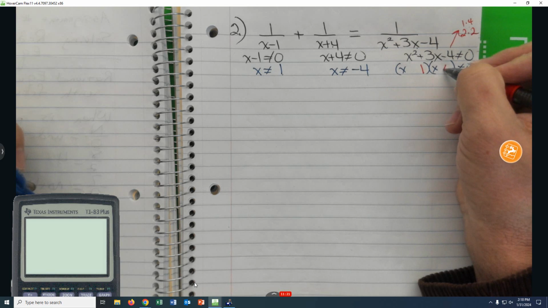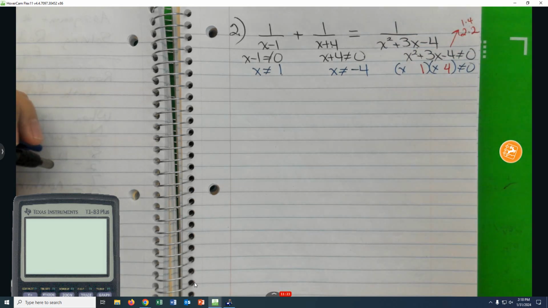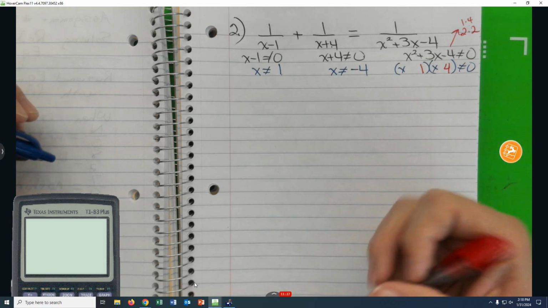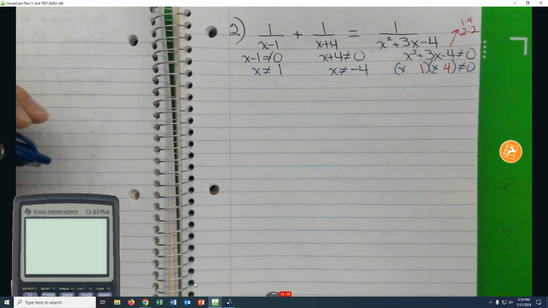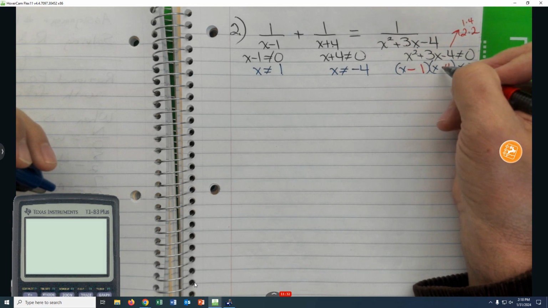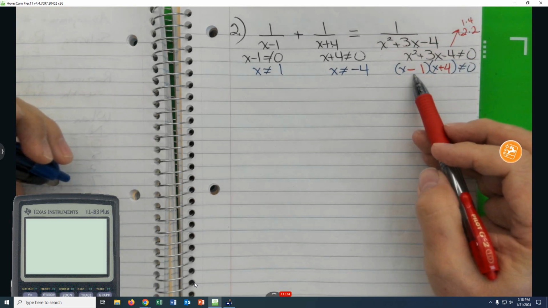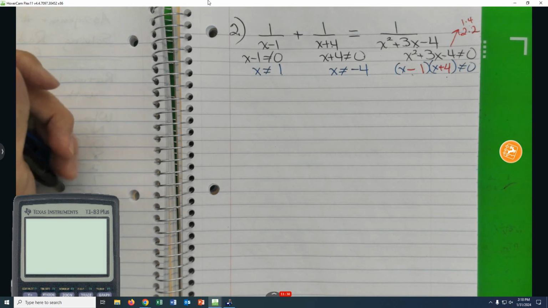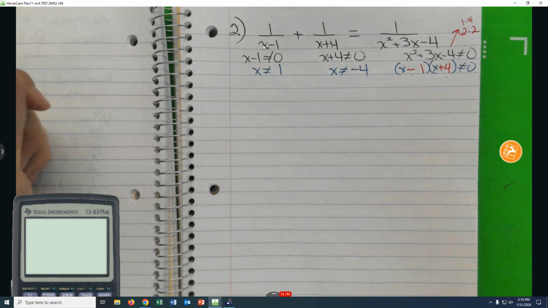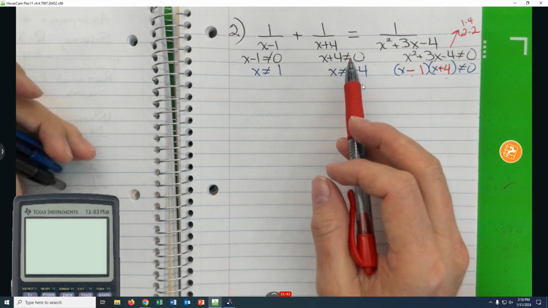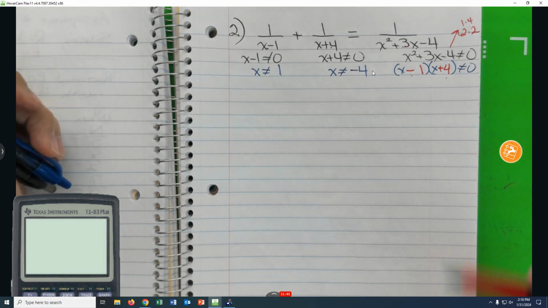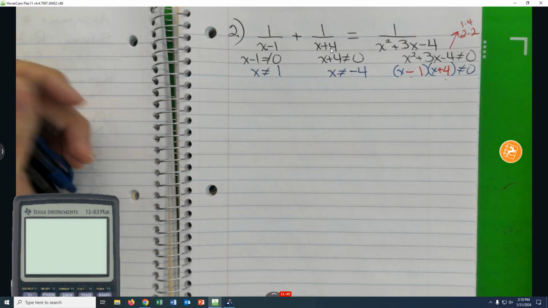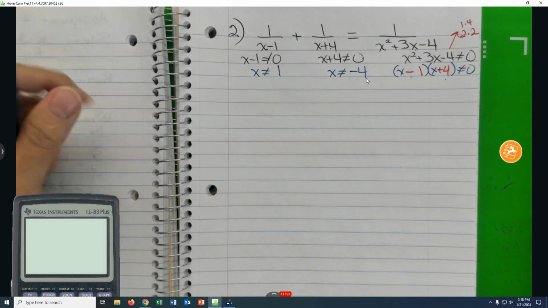Now play around. What should we have with the 1, a plus or a minus? In order to get back to plus 3x, hey, look at those factors. x minus 1 and x plus 4, they look familiar. Where did I see those? Oh, I know, the original denominators. So that trinomial factors in terms of the first two denominators, and that's not that rare.